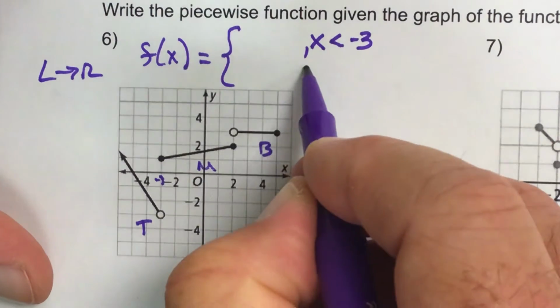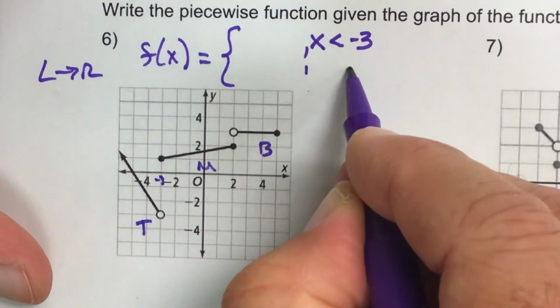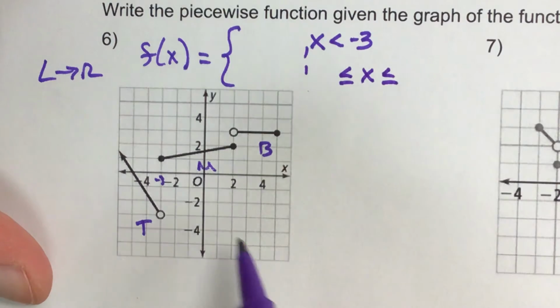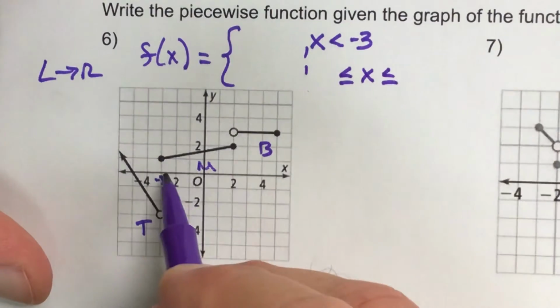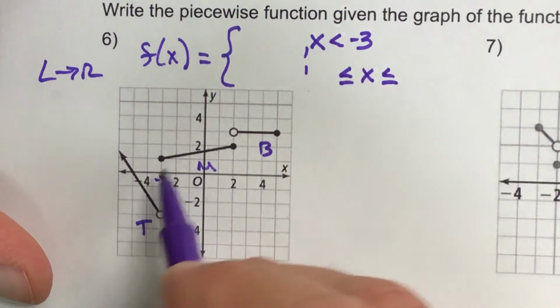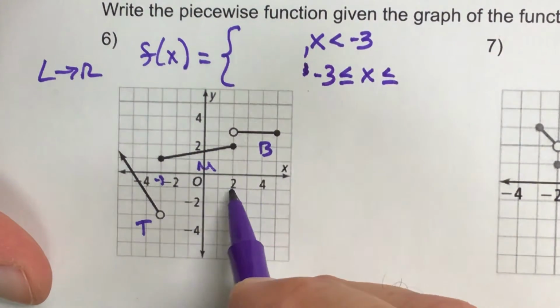This middle one, we have solid dots, so that tells me that we are going to have or equal to. It has a left and a right, so that's the left and the right here. We're at -3 here, all the way over here to 2.